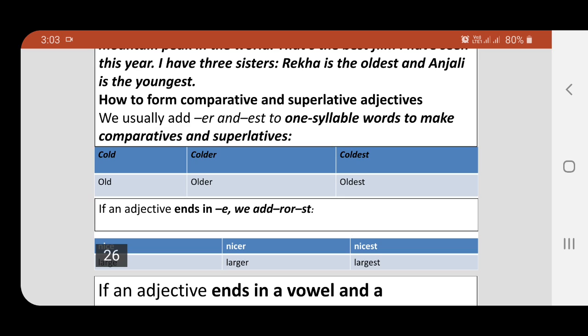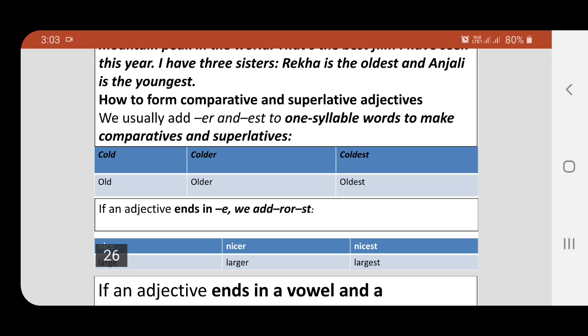He is the poorest boy in the class. He is the darkest boy in the class. So, I have given some examples in the book also, of comparative and superlative adjectives. Cold, colder, coldest.